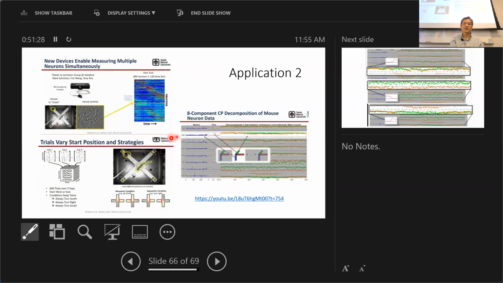You learn from this high dimensional data because you have time series, a starting position of the mouse, and multiple samples, collections of the neuron information from multiple times.